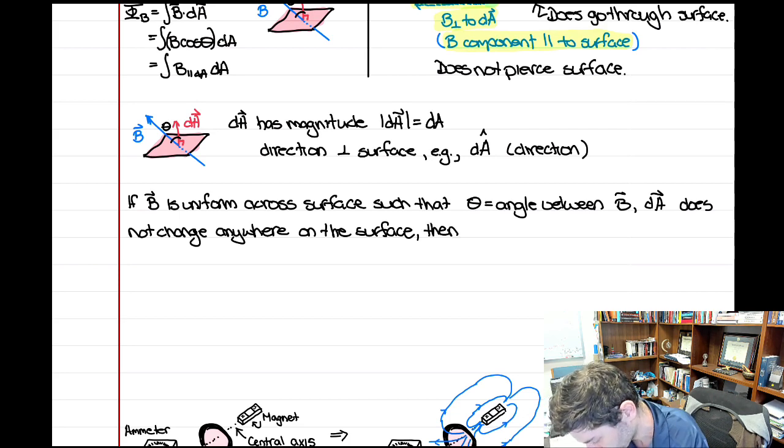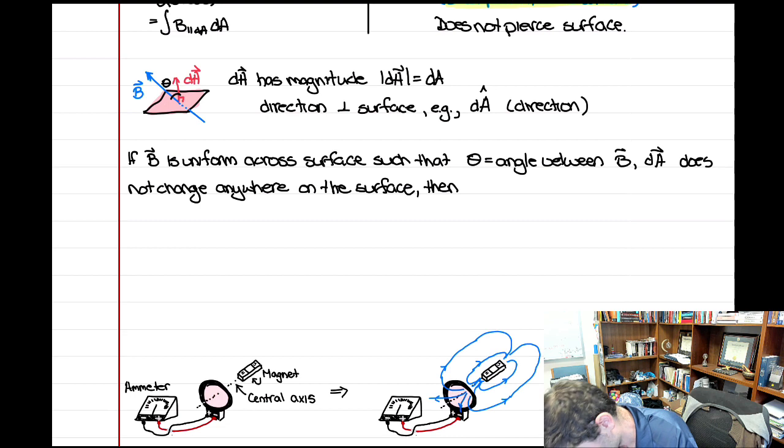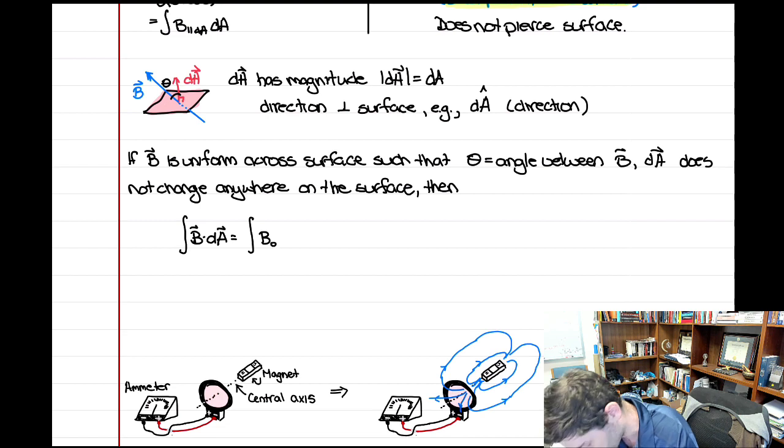Then this integral of B dot dA is going to be the same thing as the integral of B naught, we'll call that the magnitude, times cosine of theta times dA, the magnitude.